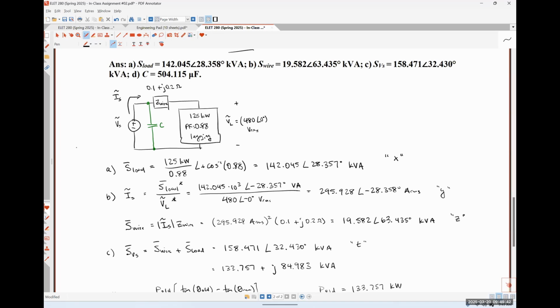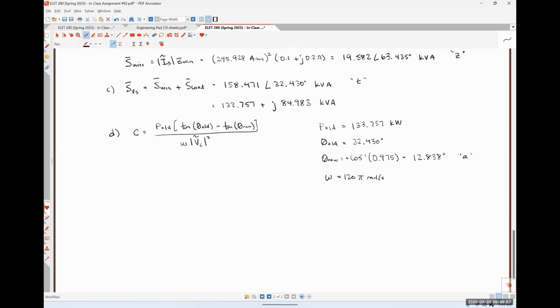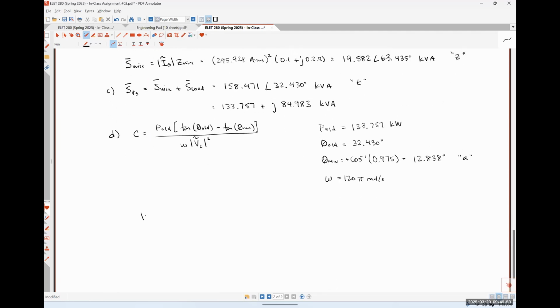So I feel pretty strongly that we can solve for Vs just like we did in that last problem, right? So Vs is just going to be Is times Z wire plus VL. That's from applying Kirchhoff's voltage law.